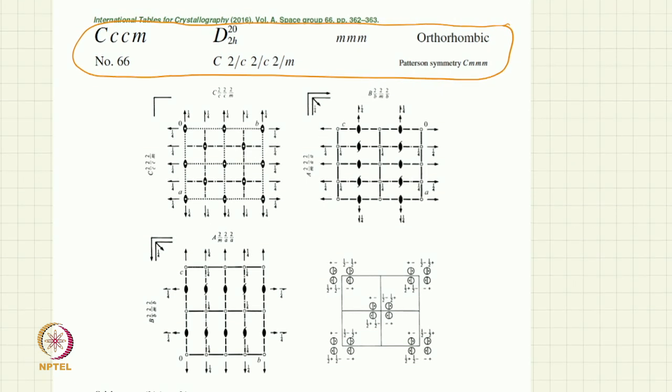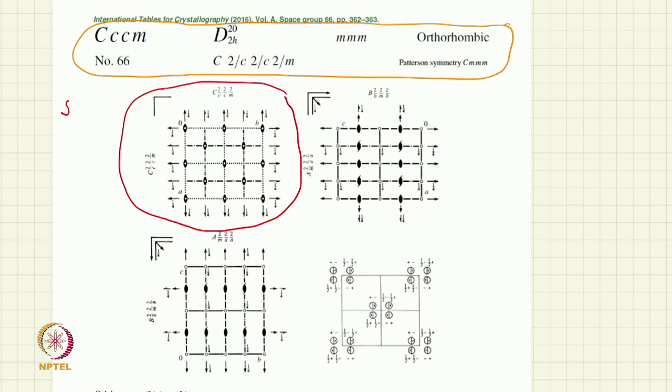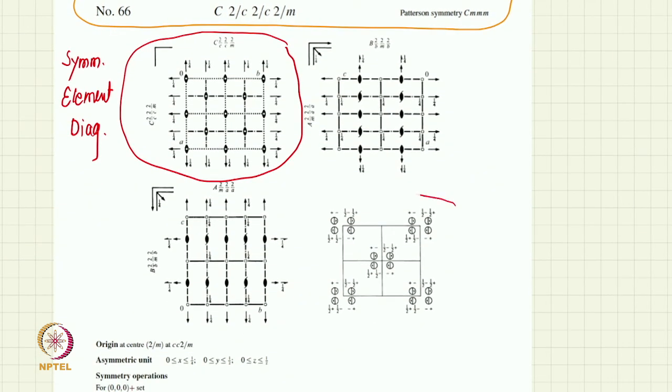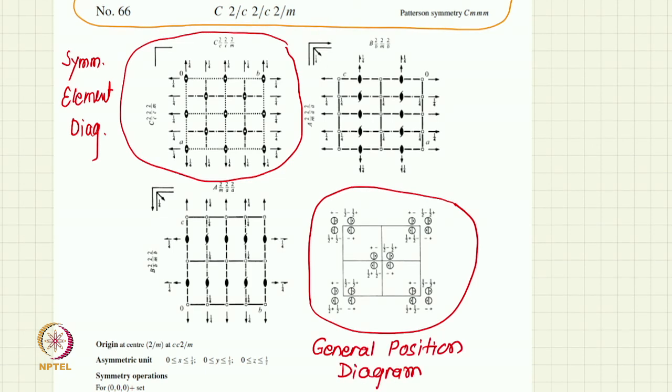One is the symmetry element diagram, and the other one, this last one here, is the general position diagram. Of course, in this space group there are two more symmetry element diagrams which are different projections, as we have seen. So, in the current video we will focus on the general position diagram.